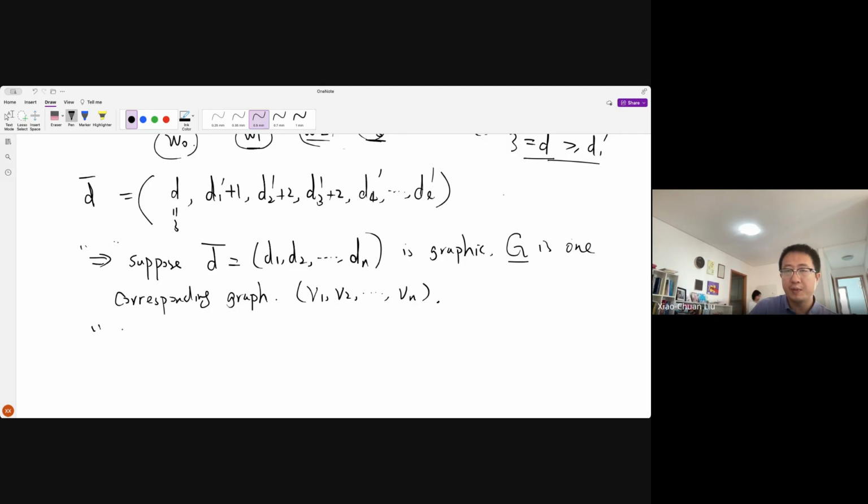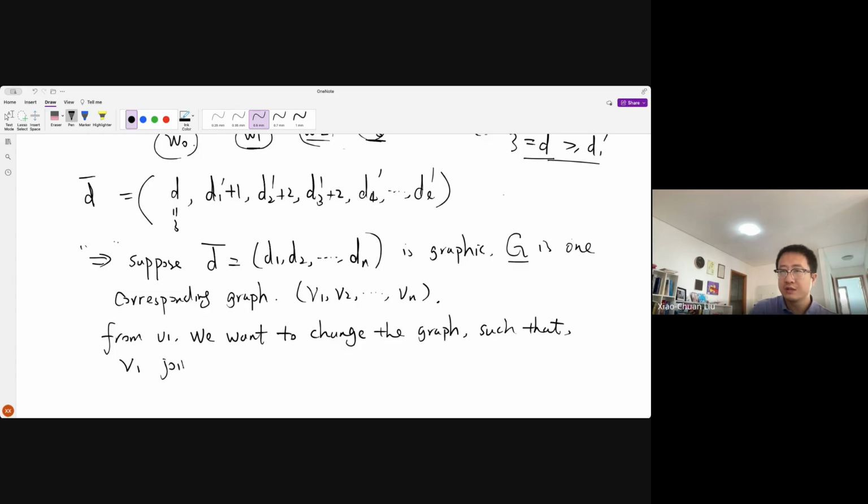The purpose is to change the graph G such that V1 joins the highest degree D1 vertices.